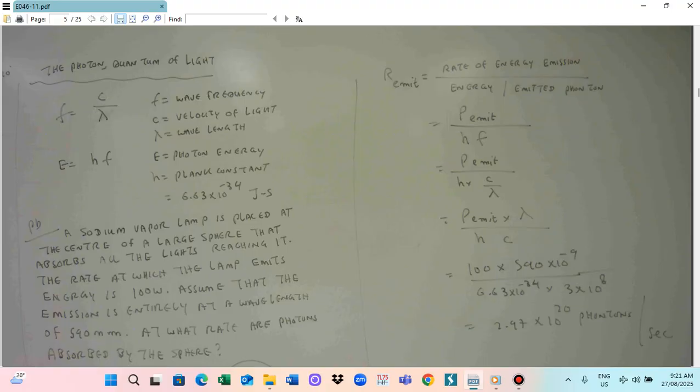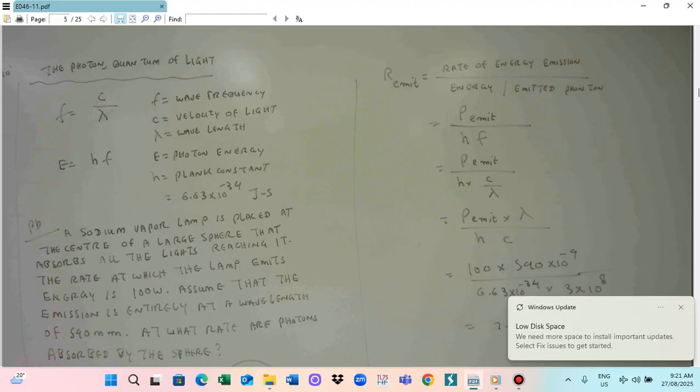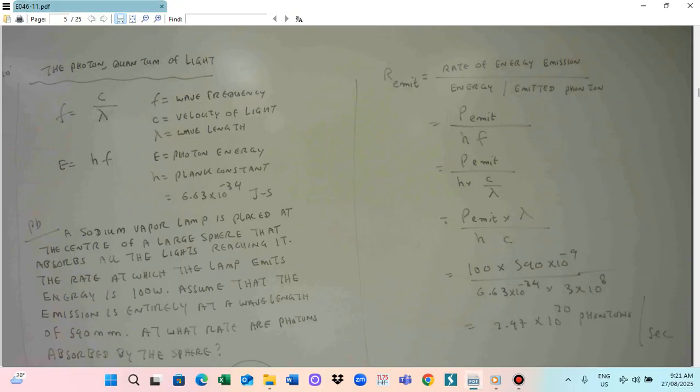In the meantime, we also calculate E, the photon energy. E is equal to h multiplied by f, where E is the photon energy and h is the Planck constant. The h value is 6.63 times 10 to the power minus 34 joule second. Those are the equations for the photon.